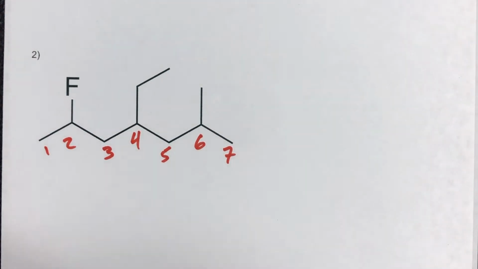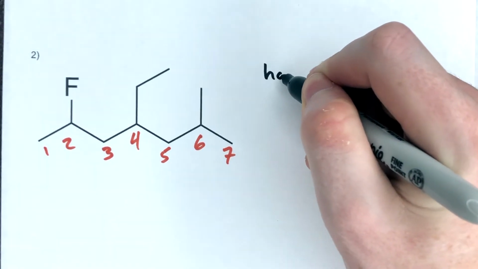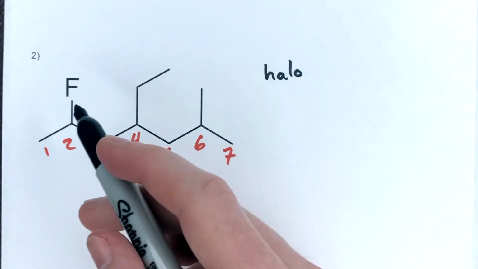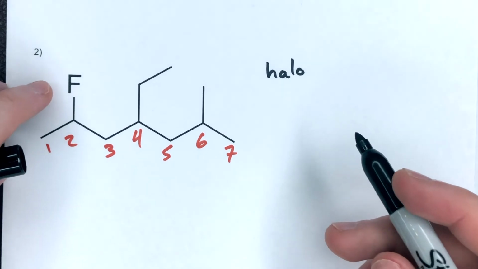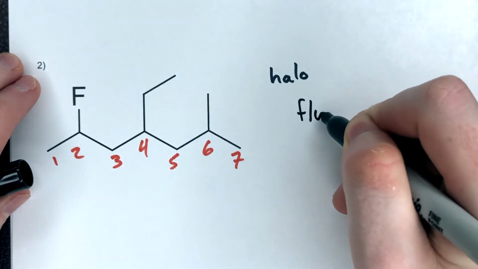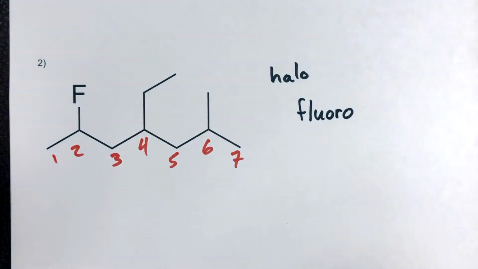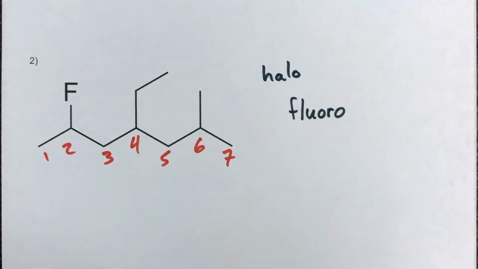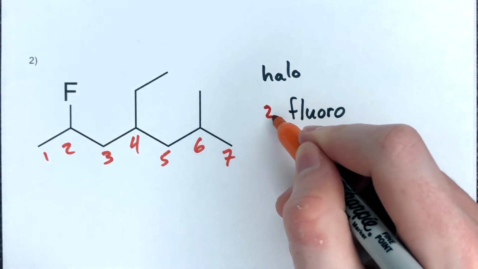Whenever you have an alkane, a haloalkane, I should say, the halide has halo as the prefix name for it. So in this case, the fluorine is going to be a fluoro, where you just drop the INE of the element name and you add an O for what we consider here halo. And then it's at the 2 position, so this is a 2-fluoro compound.